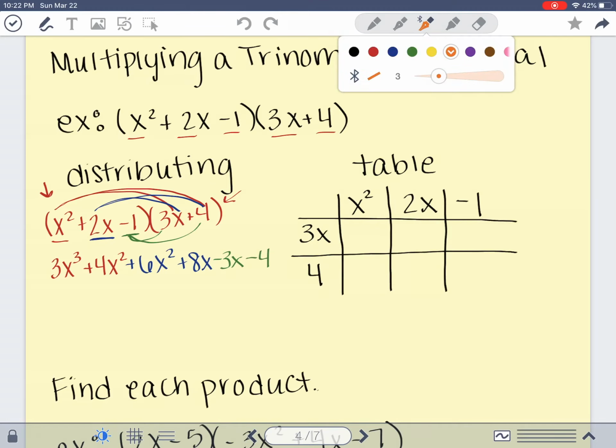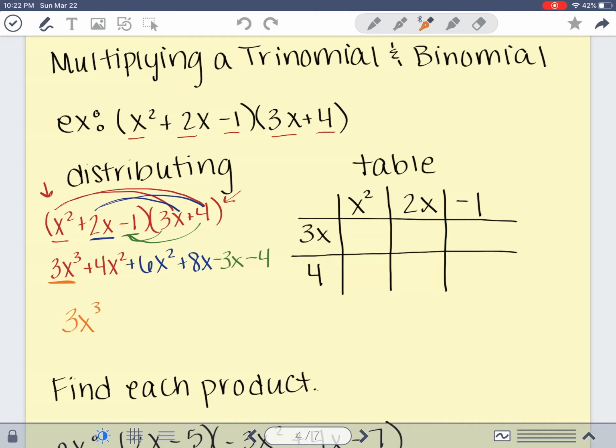Once I've done that, I need to go through and combine all of my like terms. My x cubed, there's no other x cubed, so I just bring that down. And I have 3x cubed. For my x squareds, I've got 4x squared and I have 6x squared.